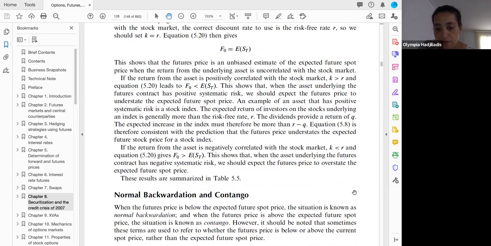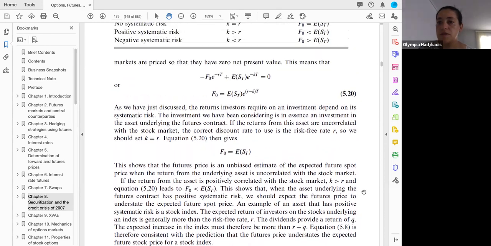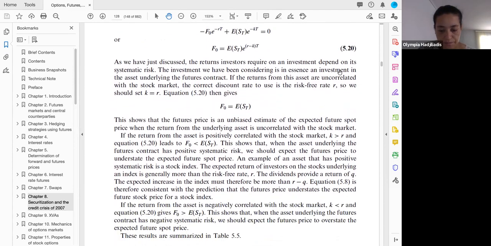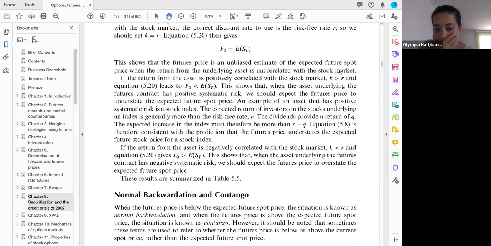And when the futures price is above the expected future spot price, which is this situation over here, the situation is known as contango. However, it should be noted that sometimes these terms are used to refer to whether the futures price is below or above the current spot price, rather than the expected future spot price.